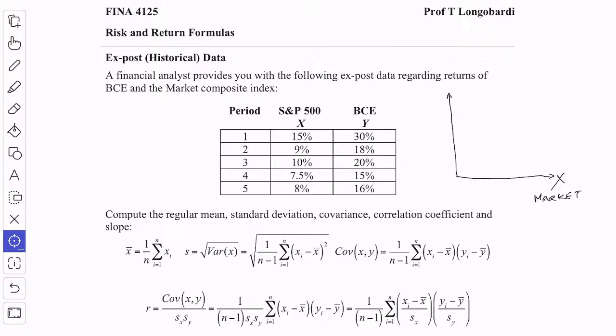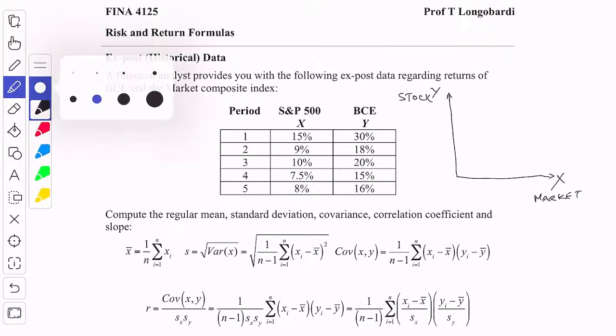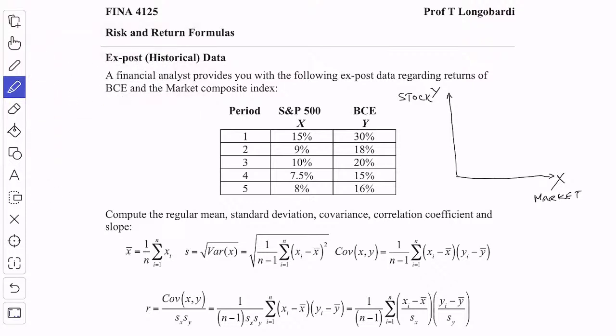You know, that economic circumstances are going to influence the returns to stock. So you always put the stock here. And then you plot them. And when you plot these, you're going to see, if you haven't already, that it's going to go like this.